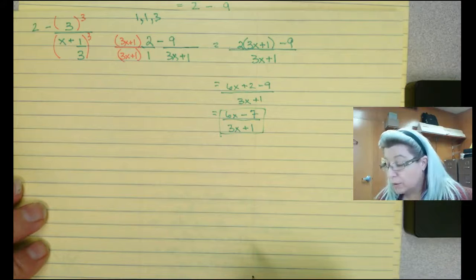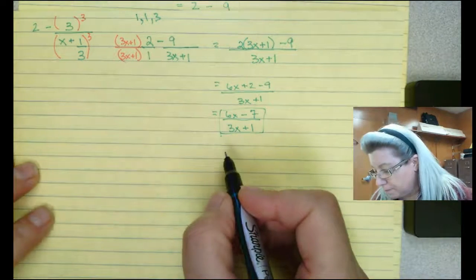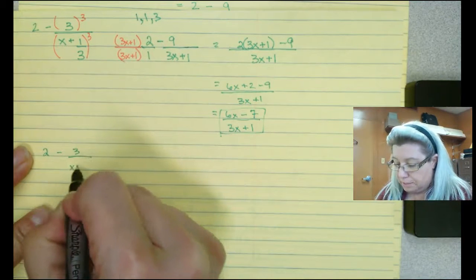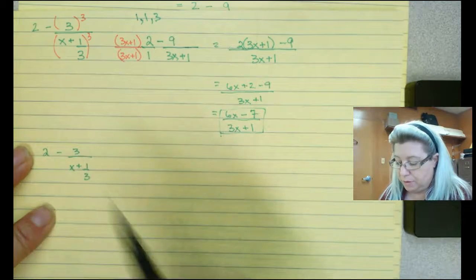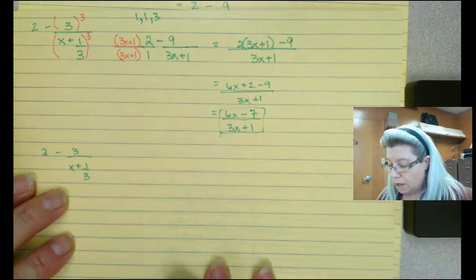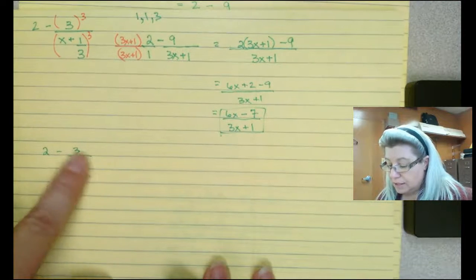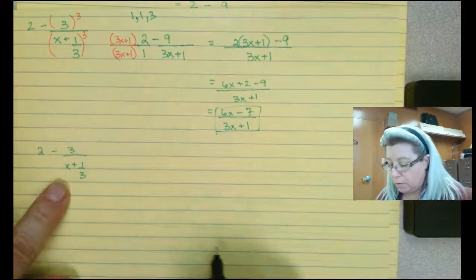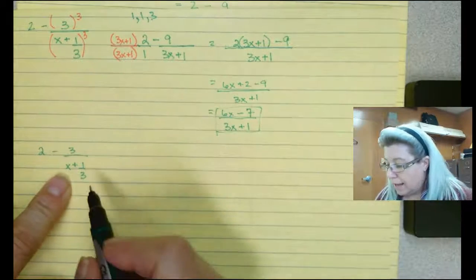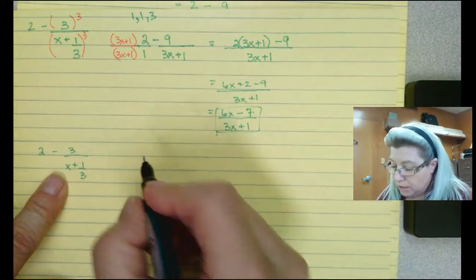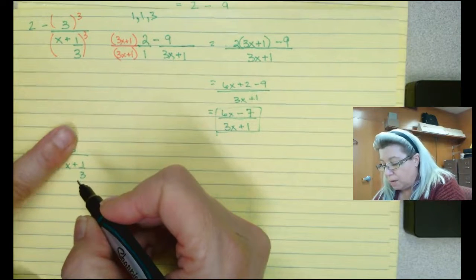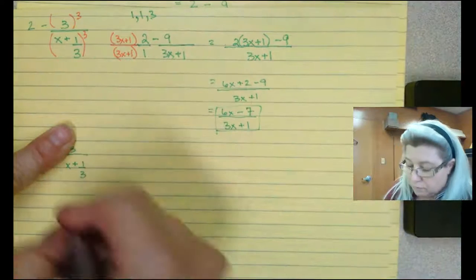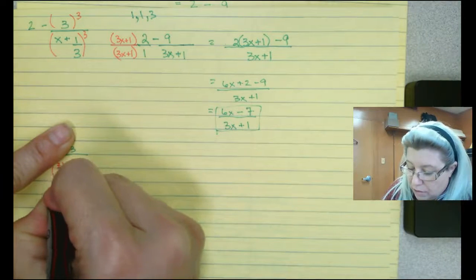Let's try method 2 on this particular problem. 2 minus 3 over x plus 1/3. First things first, I do need to find one single number down here on the bottom. So I am going to find common denominator here just for the bottom of the complex fraction. So it's 3. Multiply the x by 3 over 3.